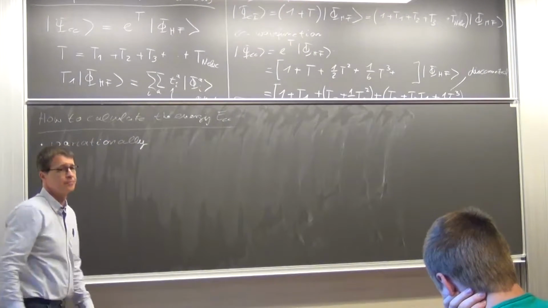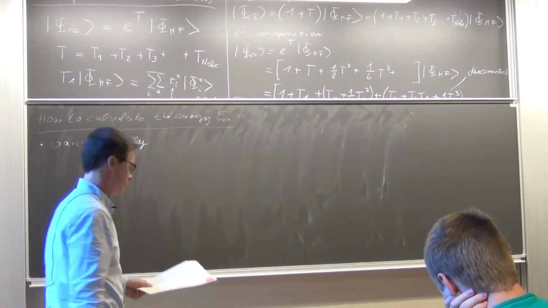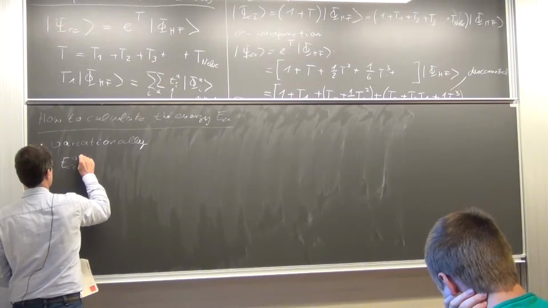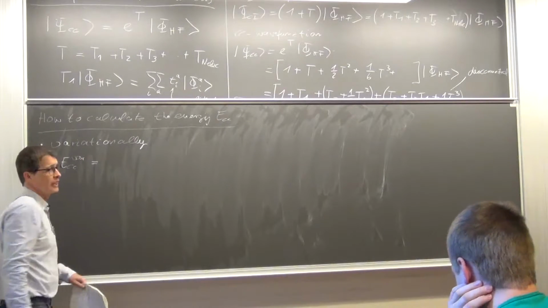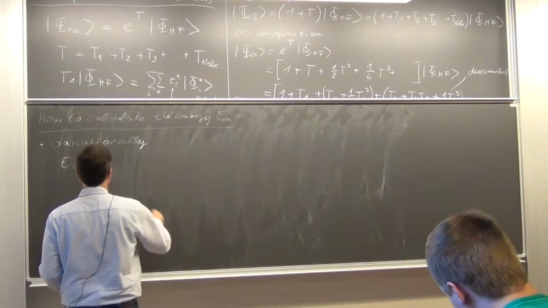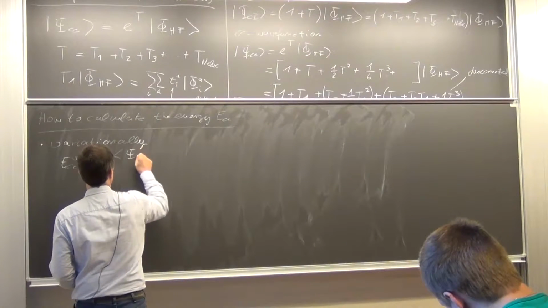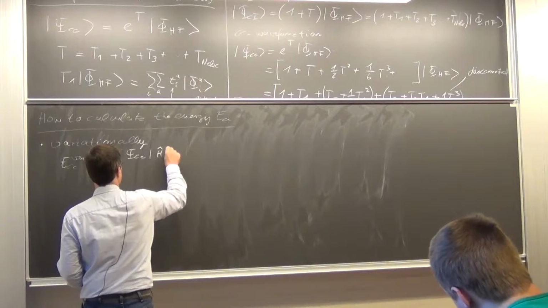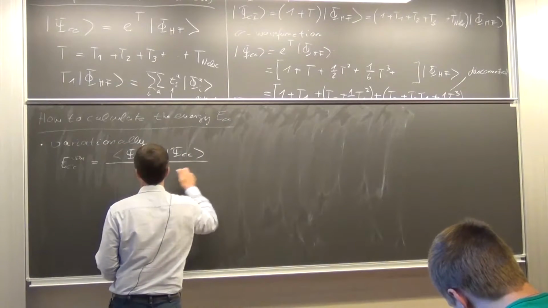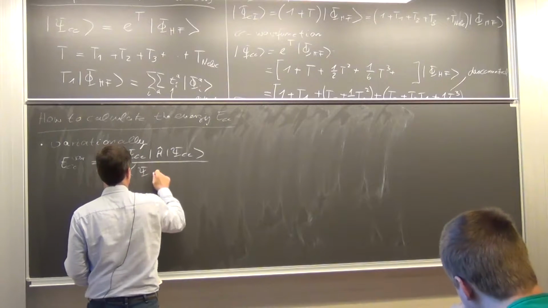variationally. And variationally means that we calculate the energy as an expectation value. So we take our coupled cluster wave function, the full Hamiltonian of our system, and we divide by the norm.